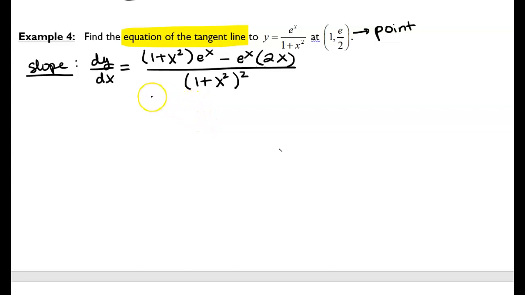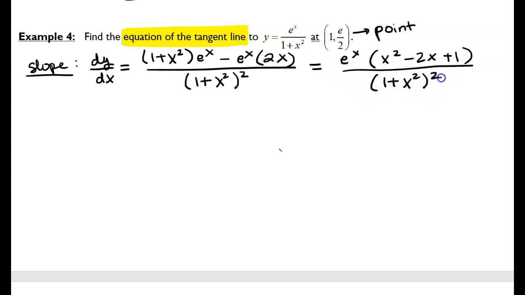We can simplify this a little bit. In the numerator, we can factor out that e to the x, so we'll just make things look a little nicer. And we have x squared minus 2x plus 1 all over the quantity 1 plus x squared squared.